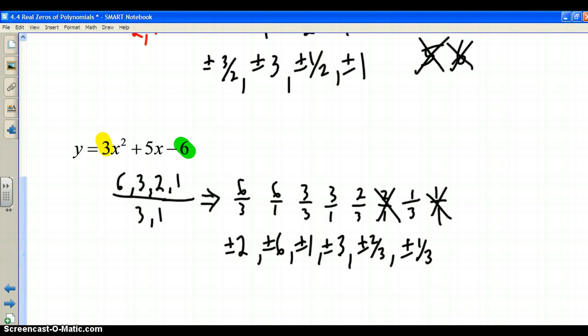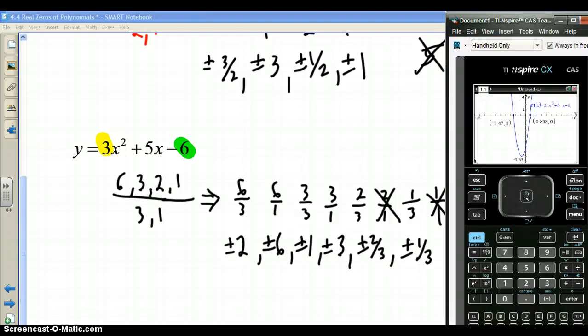They will come from this pool of numbers. Not sure what this one looks like. Okay, now I actually know what it looks like. I went ahead and graphed it just for fun. And you can see that negative 2.47, which is none of these values, and 0.808, which is none of these values, is where the actual roots for this particular function are.